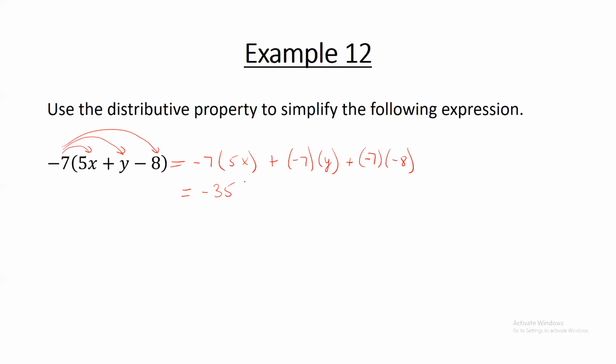Don't forget we still have that x. -7 times y is -7y. So we can just say minus 7y, and then negative times negative is positive. 7 times 8 is 56, so plus 56, and there is our final answer, -35x minus 7y plus 56.